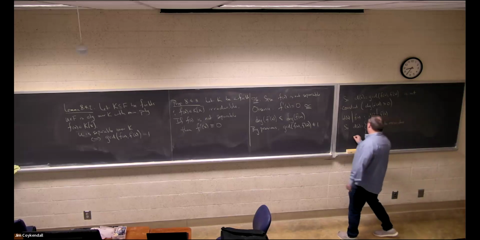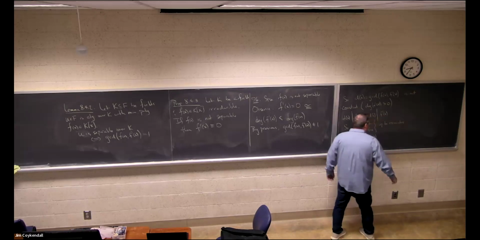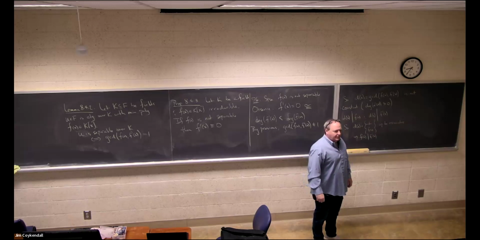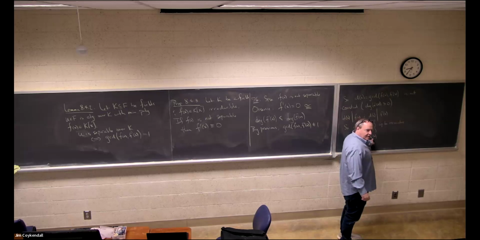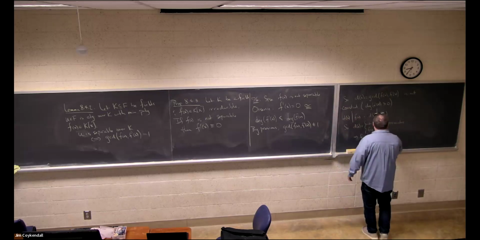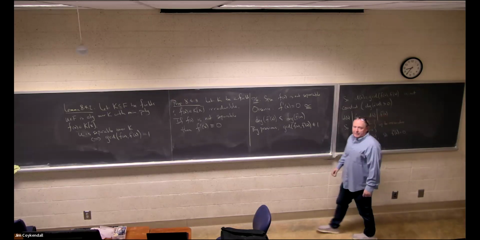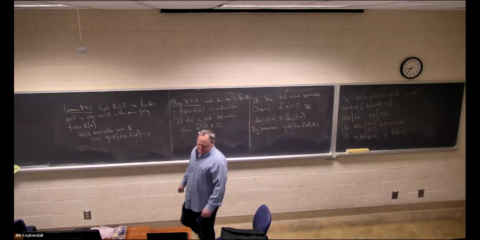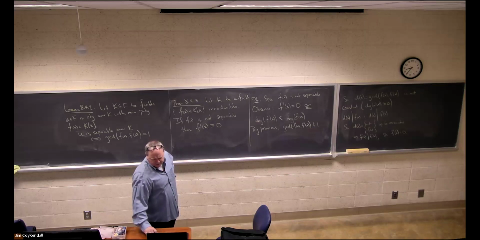But then f of x divides f prime of x, and this is impossible unless f prime of x is 0, because the degree of f prime of x is less than the degree of f of x. So that's kind of cool. If you have a polynomial that's not separable, then its derivative has to be identically 0.